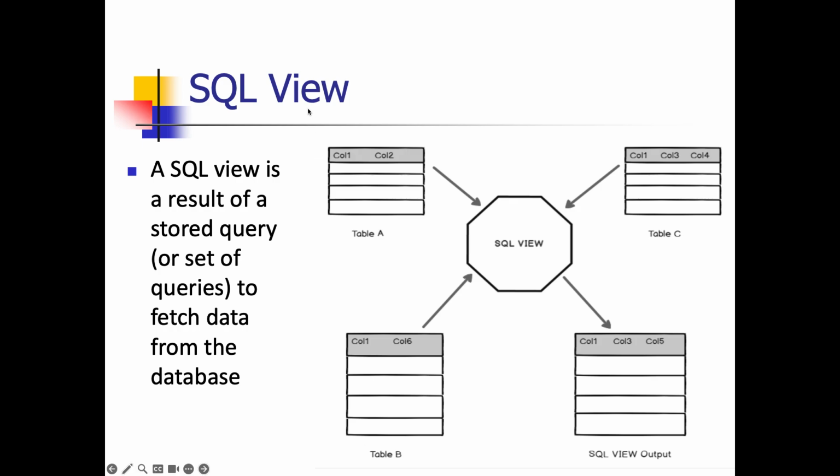Let's say, for example, you have table 1, table 2, table 3, and 4, maybe more tables. And you constantly are doing queries joining several tables. You do it a lot in your database, so it takes a lot of time every time.